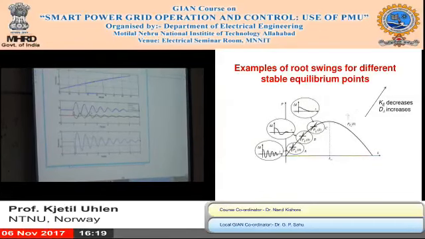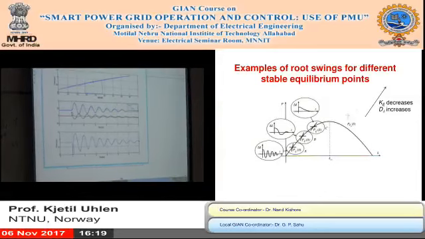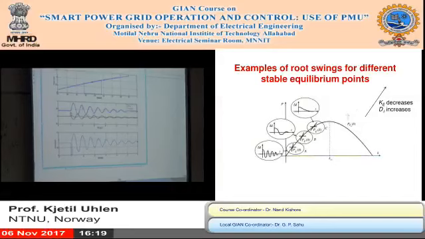You see the frequency of oscillation here, probably around 1.5 hertz, as if we count the number of oscillations: 1, 2, 3 in 2 seconds, so 1.5 hertz.